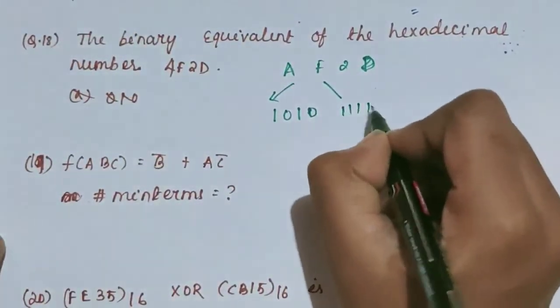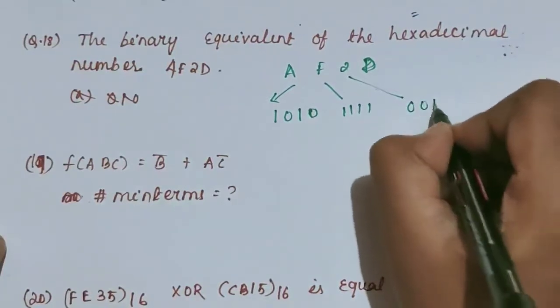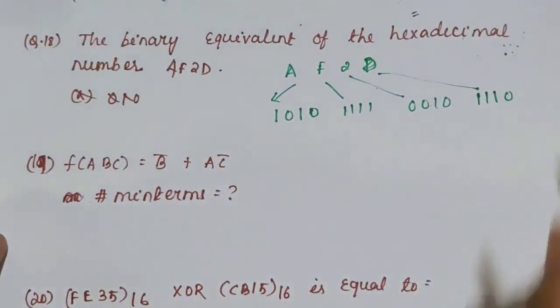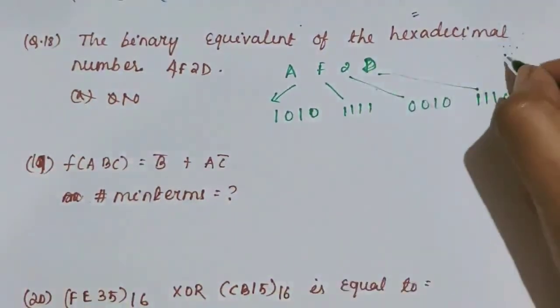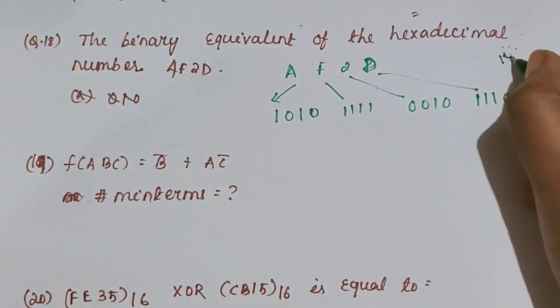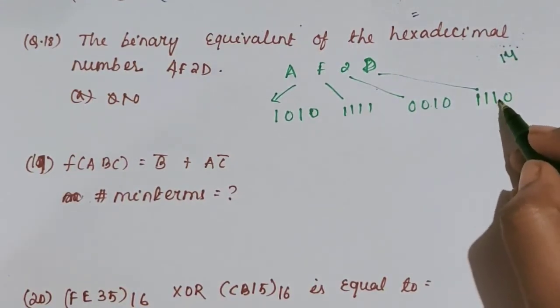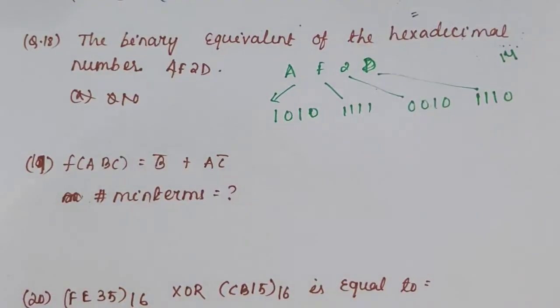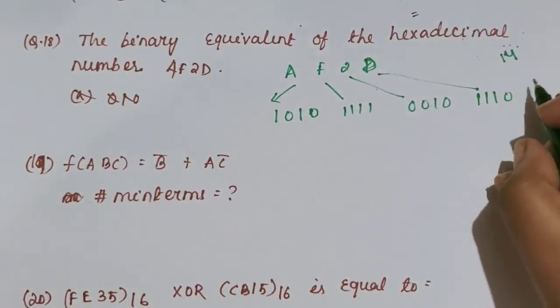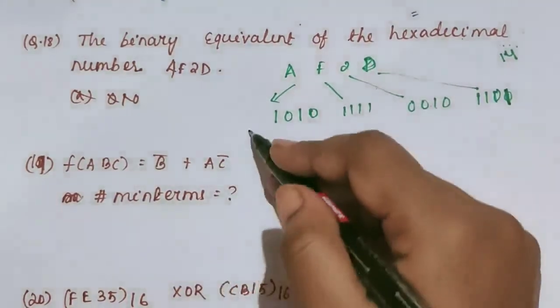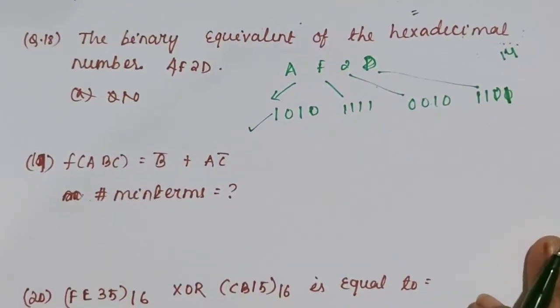You know all these things, F is 1 1 1 1, 2 is 0 0 1 0, and D is nothing but 1 1 1 0. Okay, so the answer is D. I think D is 15, no? D is 14, 8 plus 4 plus 2. D is 13. Okay, so the answer will be 1101. So this is the correct option in the quiz.